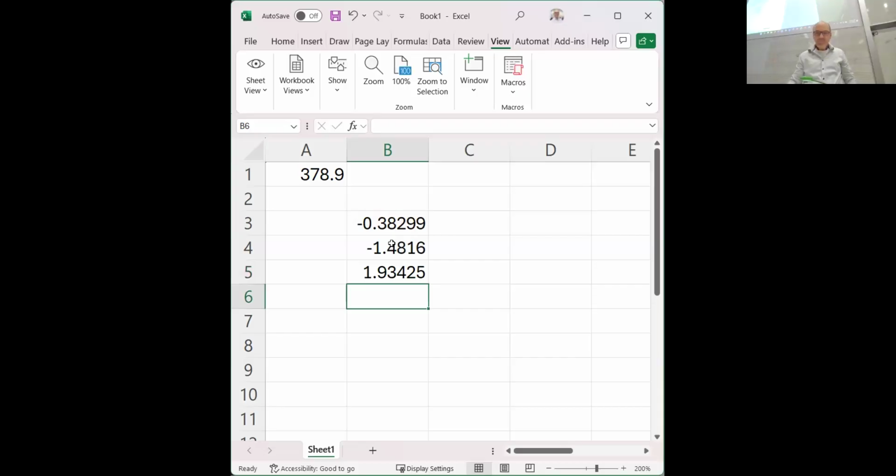All right. 1.934. All right. So if I really wanted to, go equal to that number times by 60, and you can see that's like 1 hour and 56 minutes, or 4 minutes short of 2 hours.